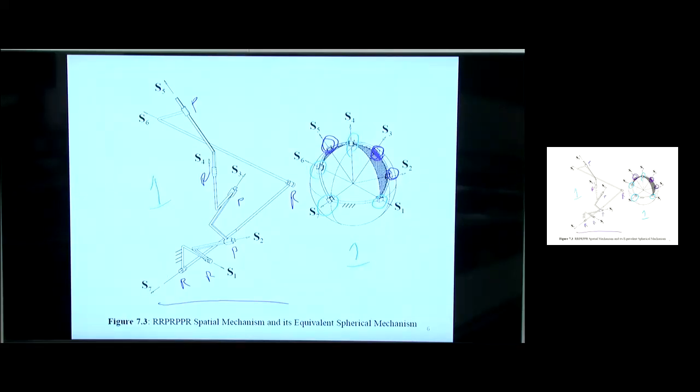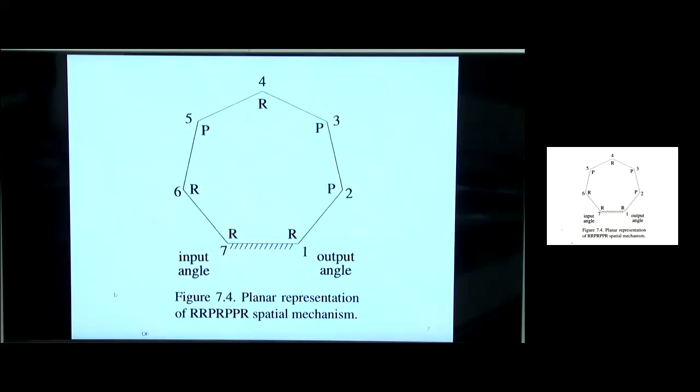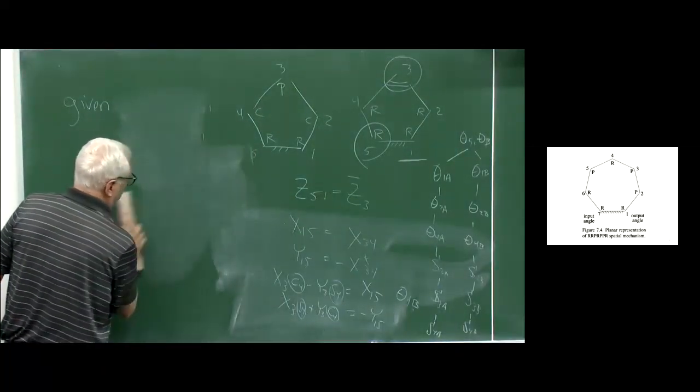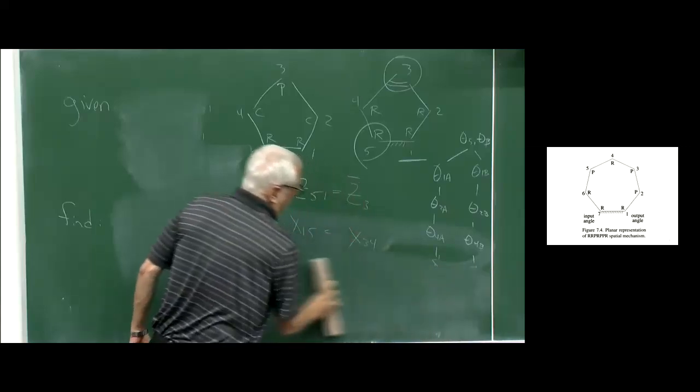So it's a group 1. So we ought to be able to solve it in chapter 7. So it should be a relatively simple problem. And I'm checking the clock, and I think we're going to be just about right today. So I'm going to go ahead and erase this board, and we'll put this picture up there, and then put what are we given, what are we looking for, the whole thing.